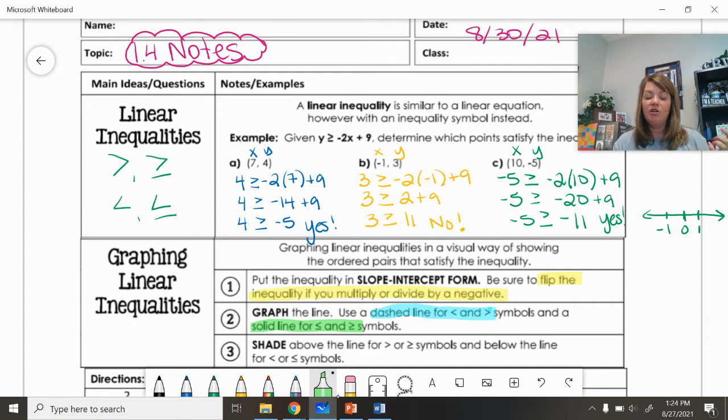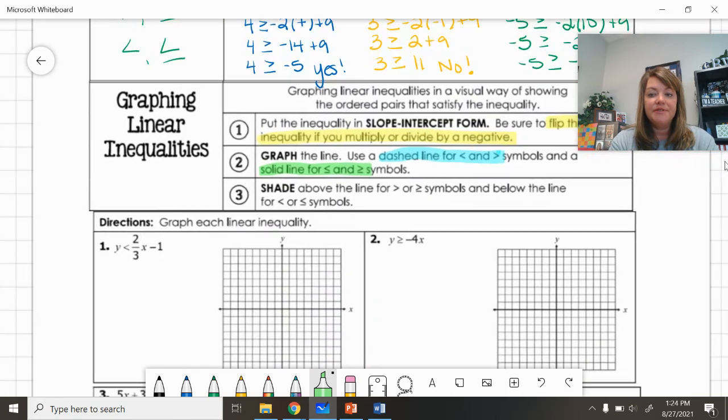And some teacher along the way told me to remember solid has an L in it, solid, and so this kind of looks like a line down here, like a solid line, and dashed if it's not equal to. And then we just shade above the line for greater than or equal to, and below the line for less than or equal to. Okay? All right, so let's move on down here now and do some examples.